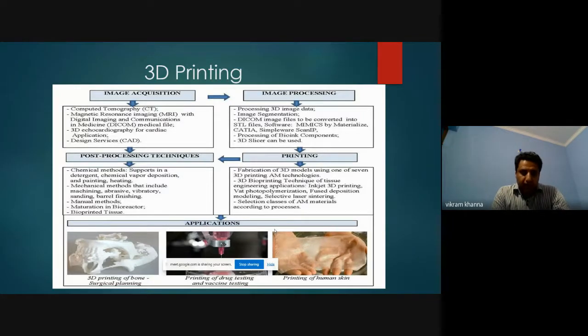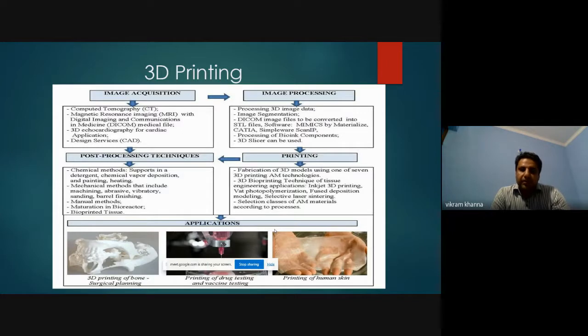All the 3D data is exported with the help of DICOM to third-party software, which does all the image processing. The third-party software can be Mimics, CATIA, or Materialise. All this software is present in the market nowadays, and then they can do the 3D printing and give you a model, a surgical stent, or an implant also.